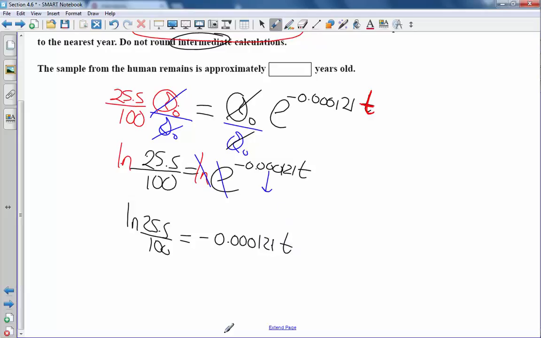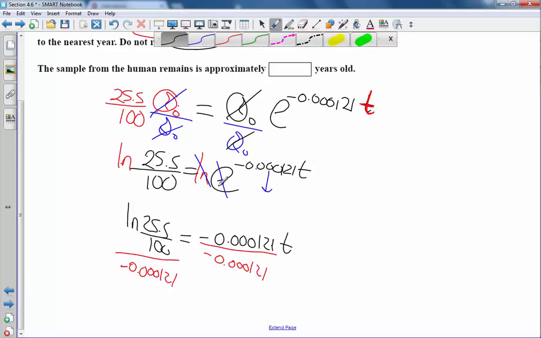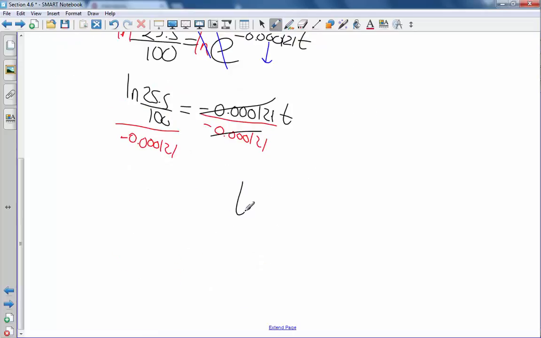Now our t is on the ground, but it's protected by this number. You need to just wipe it off, right? By doing this. Correct? There you go. Go ahead and compute that, and see how old this bone was.